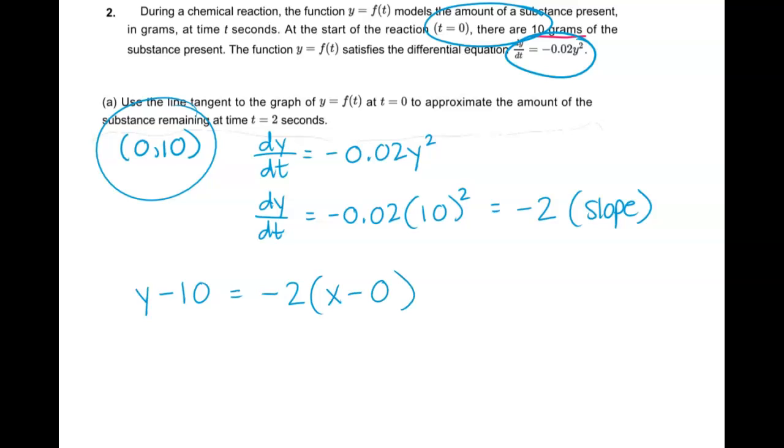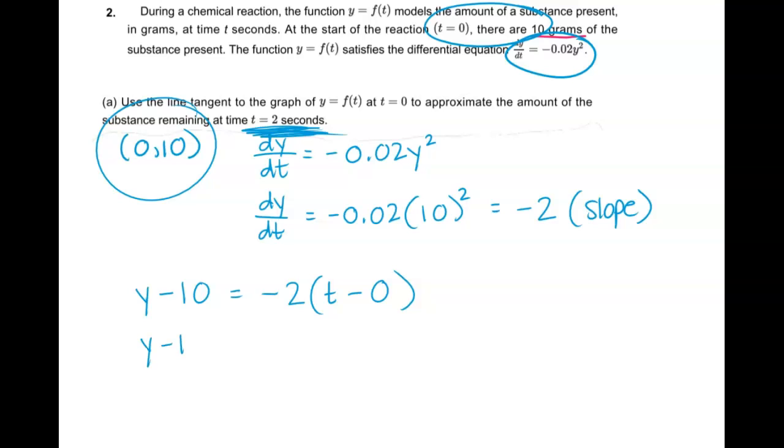So now what were we doing? Approximating the amount of the substance remaining at time t equals 2. I screwed something up here. Maybe you see what it is. This isn't an x. Our independent variable is t. So now we can use our point at t equals 2 seconds.